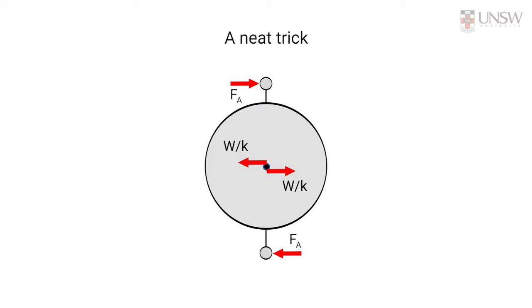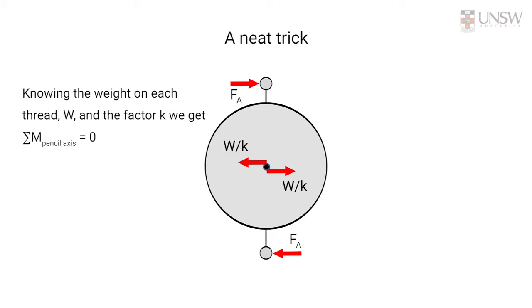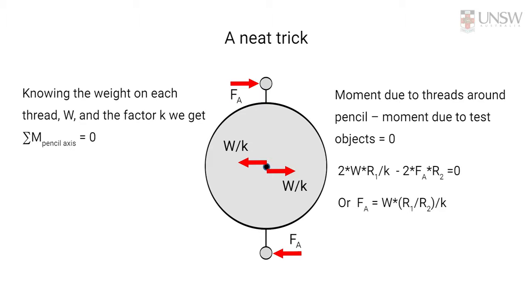To get the tension in the thread from the weight, we must remember the friction factor K, which we find using the method we used for the rolling resistance test. Including the weight on each thread, W, and the factor K, we get the sum of the moments about the pencil axis equals 0, which becomes moment due to threads wrapped around the pencil, minus the moment due to the drag of the object under test equals 0.